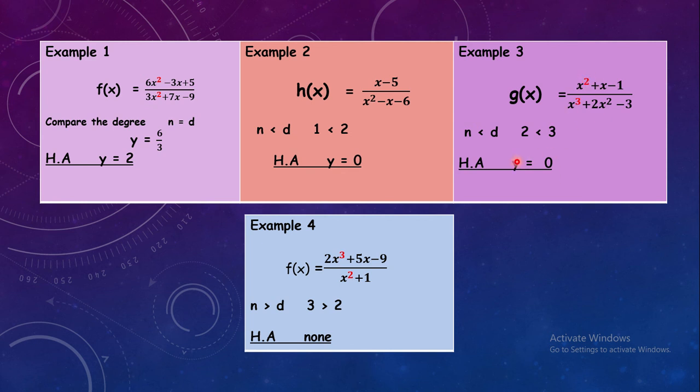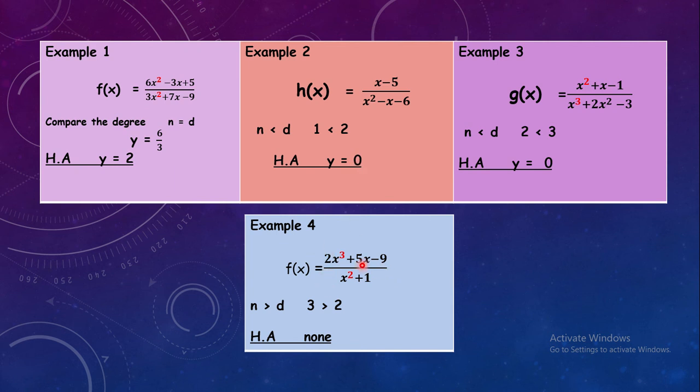So, automatic, your HA is 0. Kino-compare nyo lang po yung exponent, guys. Tapos titingnan nyo yung degrees nila. So, ulitin ko, kapag equal po sila, titingnan mo yung leading coefficient, yung number sa unahan. Kapag naman, ang mga degree or mga exponent is mas mababa yung sa taas, your HA is 0.